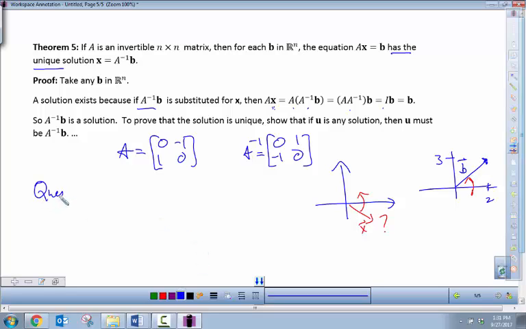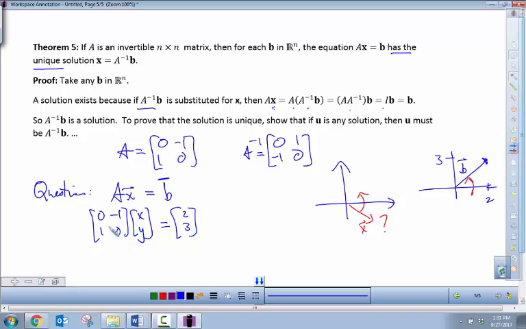So the question is AX equal to B, the rotation matrix applied to X. We're used to seeing X1, X2, but in this case we'll use X, Y. The question they're asking is what XY value do we multiply by the matrix to get our output of 2, 3.